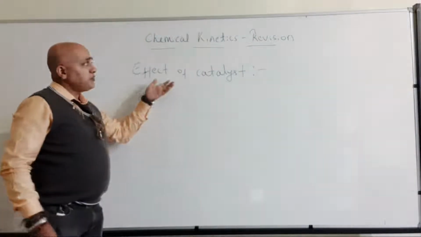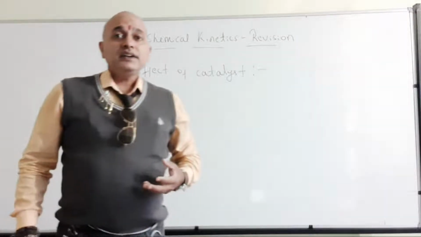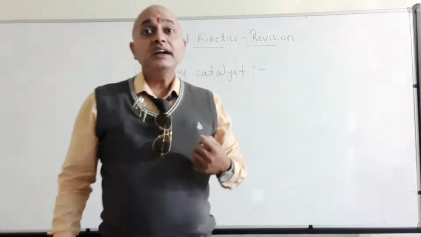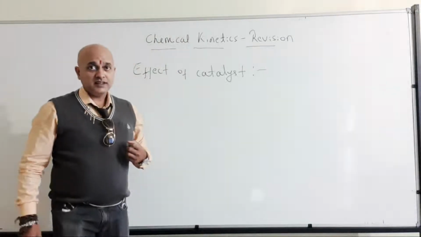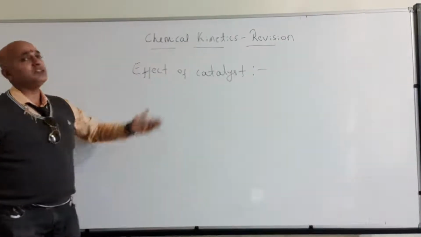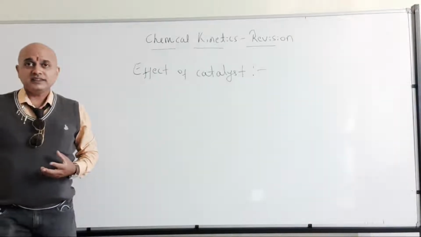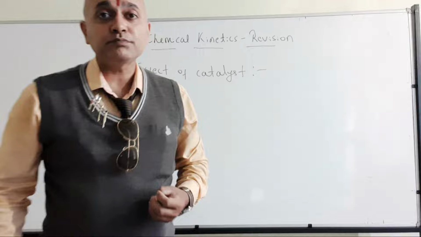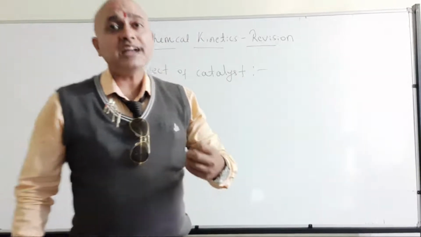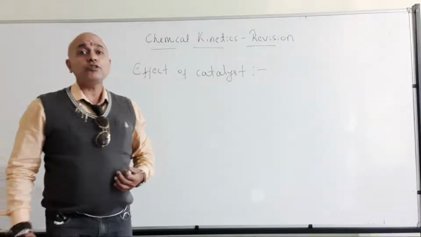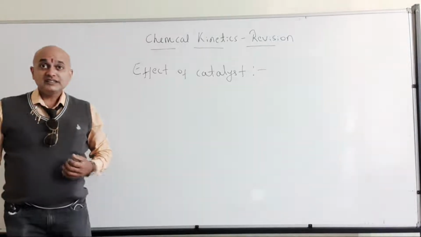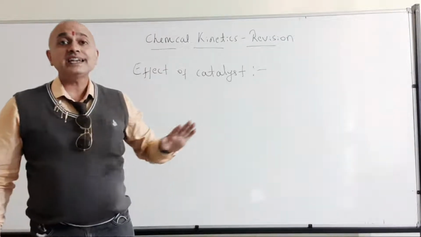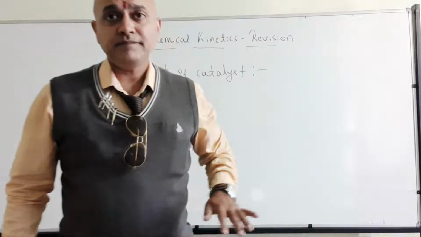So when I am talking about catalyst, all of us know that a catalyst is going to enhance the rate of the reaction. Then why do we have to study the effect of the catalyst? That will be the question, right? In Haber's process, nitrogen and hydrogen get converted into ammonia, and in the presence of iron oxide that reaction rate is going to increase.